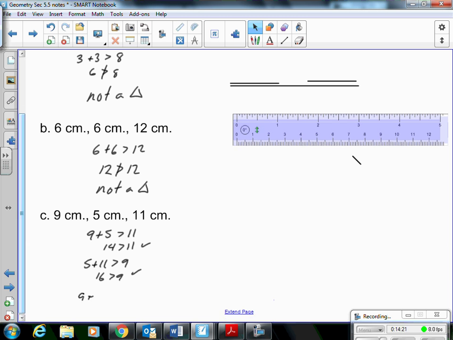And 9 plus 11 is definitely greater than 5, because both of them start greater than 5, right? So any two added together are greater than the third side, but really we only have to check the two smallest ones to make sure that they're bigger than the biggest one. But so all of them work. So will this make a triangle? Yes, that'll make a triangle.